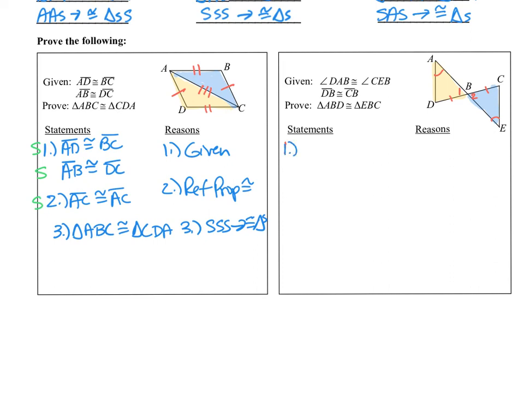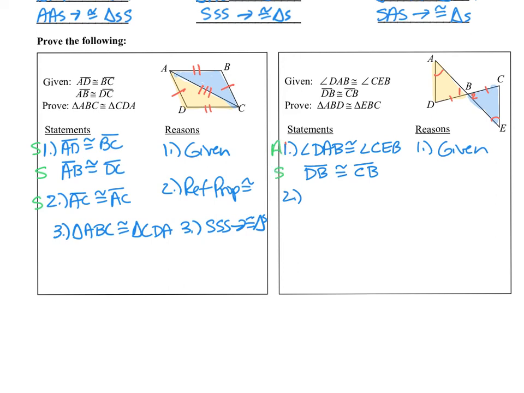Let's start with the given that angle DAB is congruent to angle CEB, and side DB is congruent to CB. Okay, that is given information. Now let's keep track of that. So we have one angle and one side. We need one more piece of information.